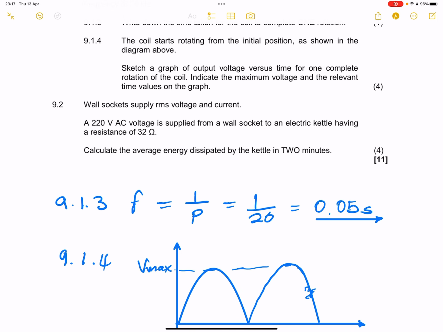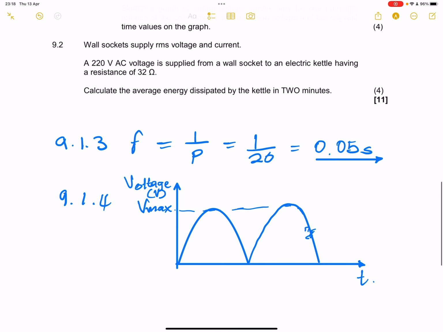And they said we should show the output voltage, so this would be voltage, obviously in volts. And that would be time, in seconds, right?